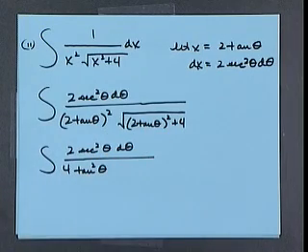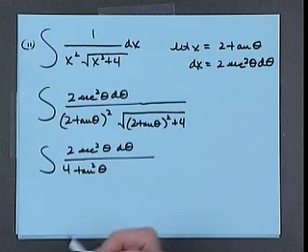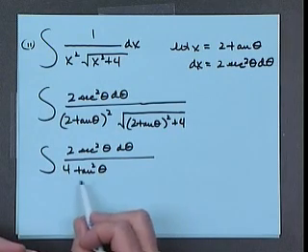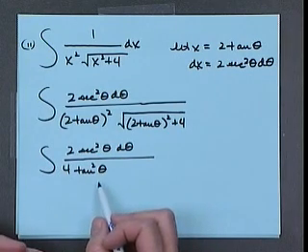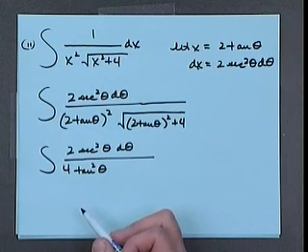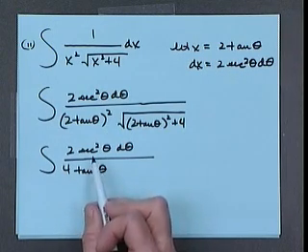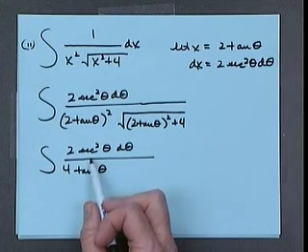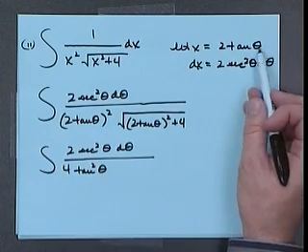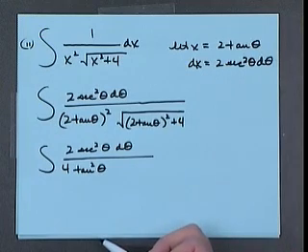Now, some ideas. I don't know if this happens when you do a math problem, but it happens when I do. I'm writing stuff down, but I'm truthfully not really thinking too much about what I'm writing down. I'm thinking about other things that might come in handy later in this problem. For example, I see a secant squared. Not only is secant squared the derivative of tangent, but what else is secant squared that we worked with yesterday that might come in handy?